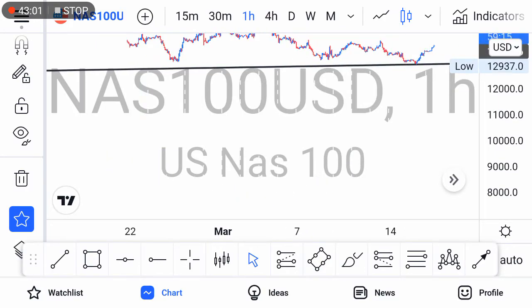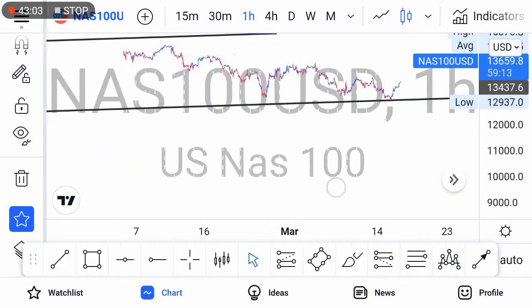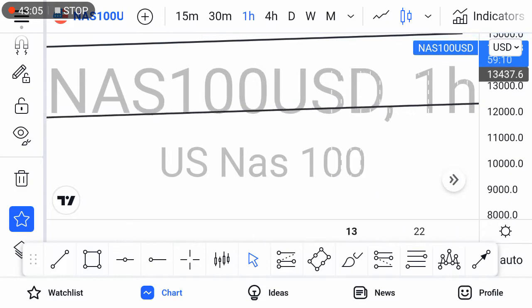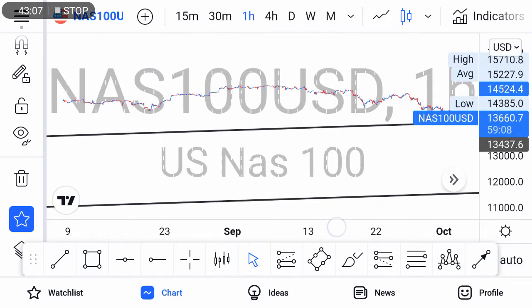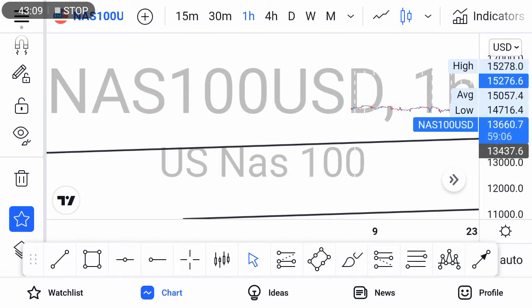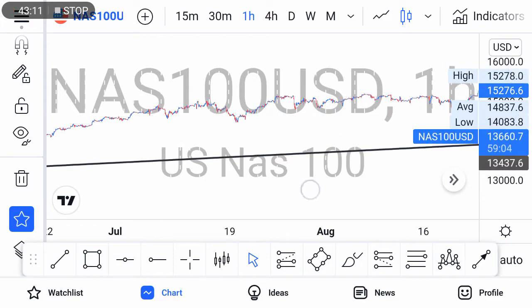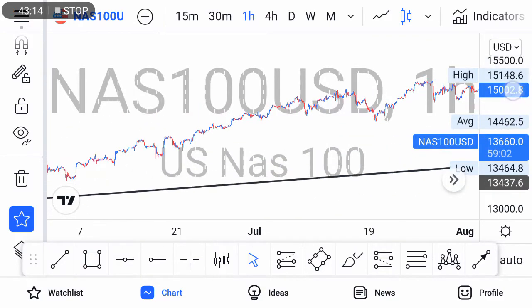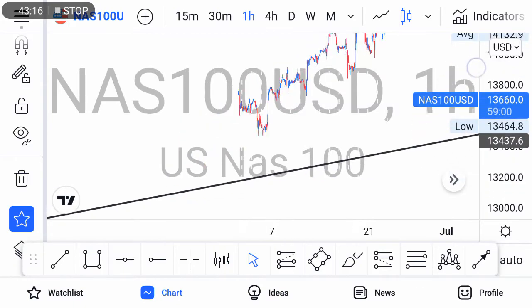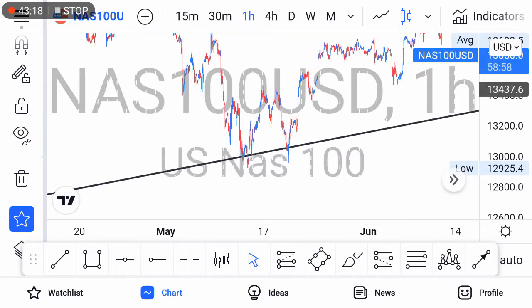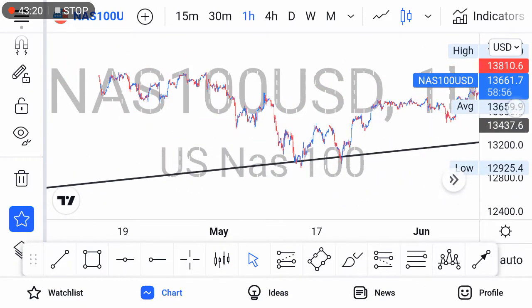Okay guys, on 1 hour I won't go back here because it's gonna be very long. Just want a touch on a trend line. Okay, I think we can just start from here.